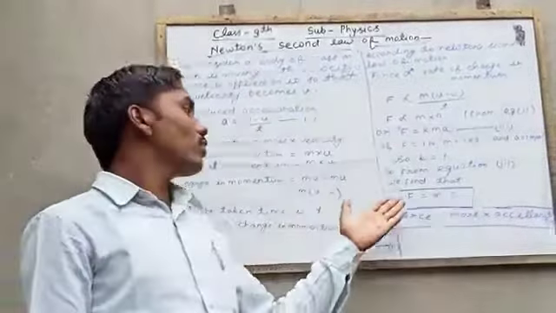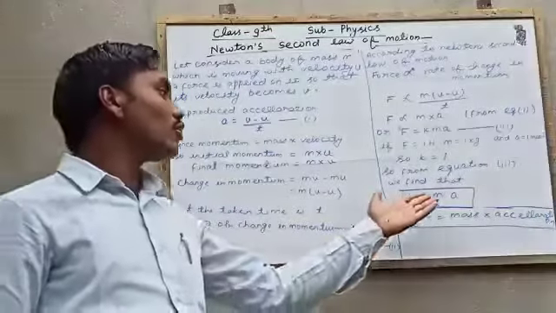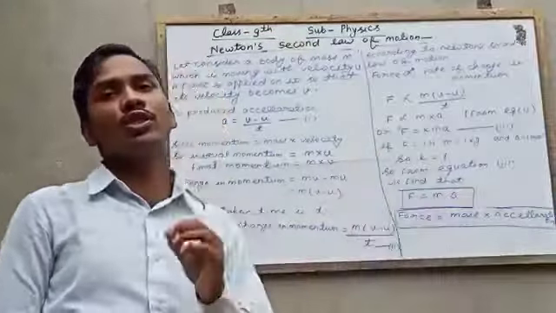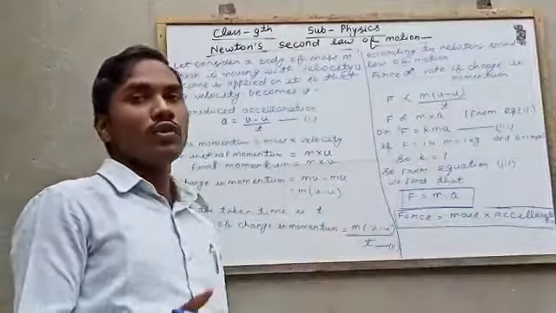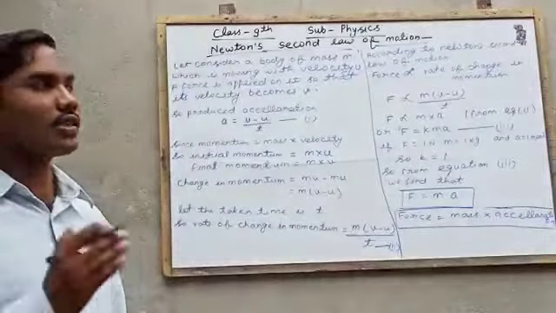So the force applied on the body is equal to the mass into the produced acceleration. This is the relation between force, mass and acceleration.